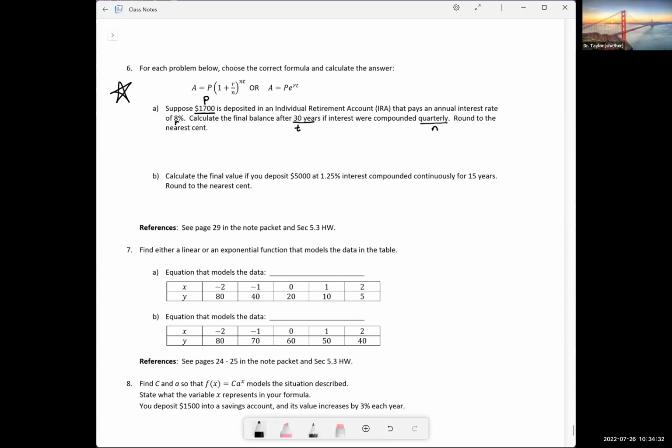So if I were to write down everything I knew, P equals 1,700, R equals 0.08, T equals 30, N equals 4. Round to the nearest cent, that means 2 decimal places.